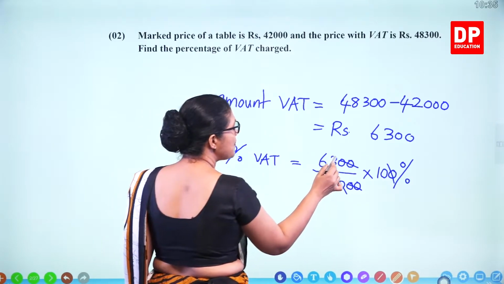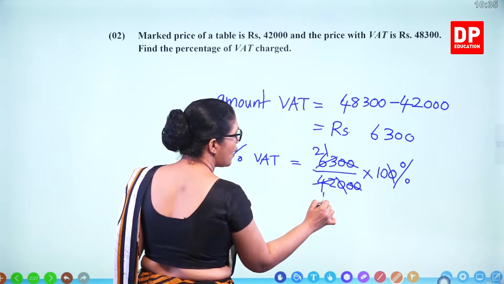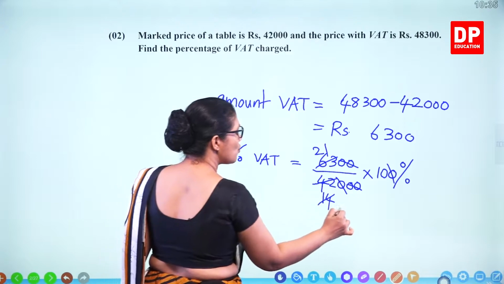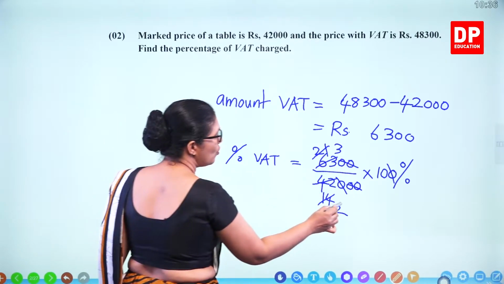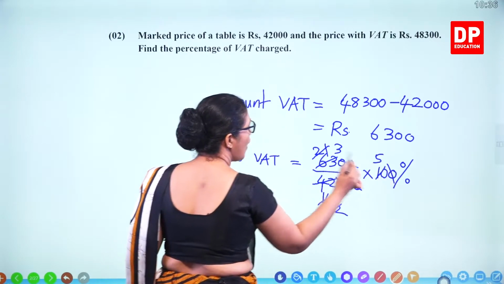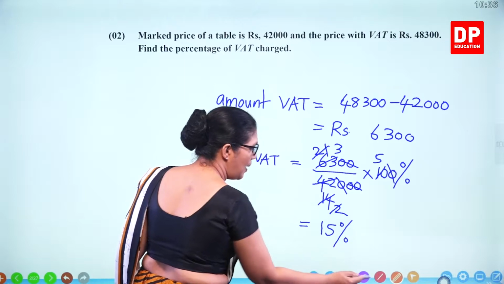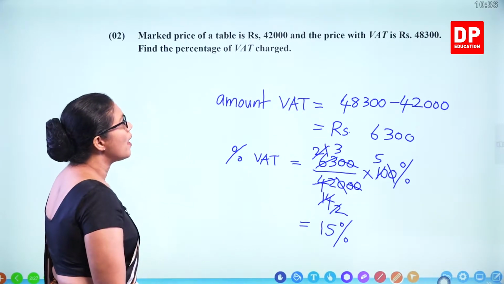So 3 times 21, 3 times 1 is 3, that's 14, 7 times 2, 7 times 3. 10 divided by 2 is 5. So 5 times 3, finally you get 15% as the percentage VAT charged. So 2 marks for that.